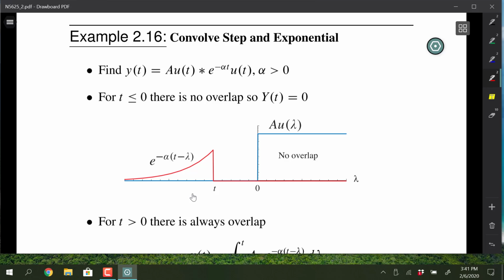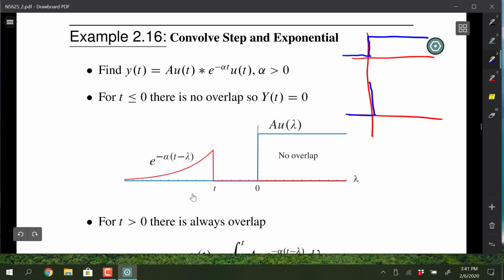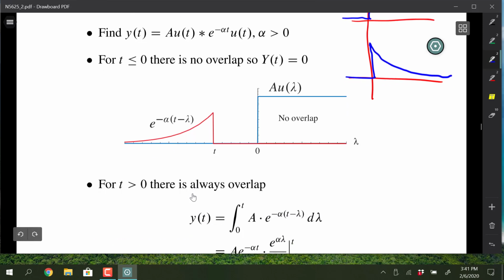So the two functions are one is a step function and the other is the exponential. So when you actually carry out a convolution, you choose not to do it in the frequency domain or in the S domain, but you actually want to do it, or have to do it, because it's just the best alternative.